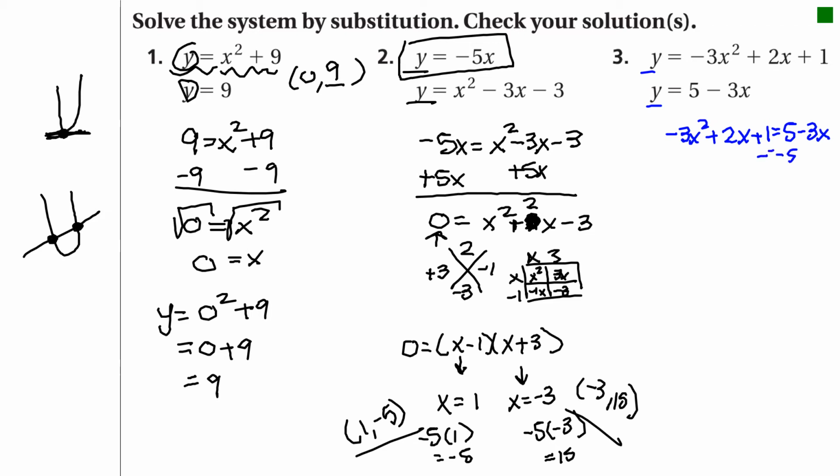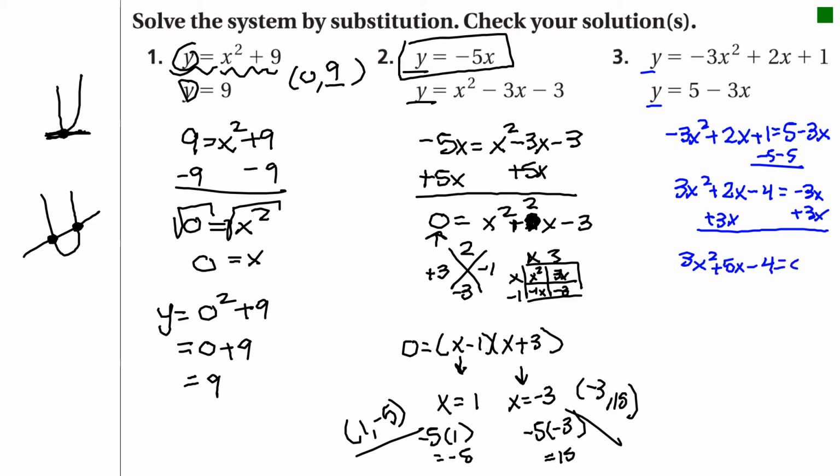Take away 5, take away 5. 3x squared plus 2x minus 4 equals negative 3x, add 3x, add 3x. All right, 3x squared plus 5x minus 4 equals 0.